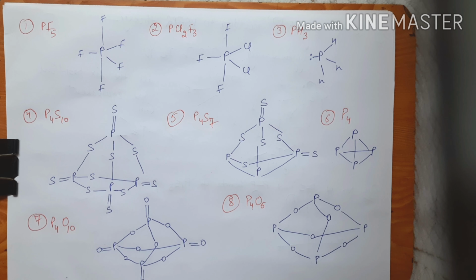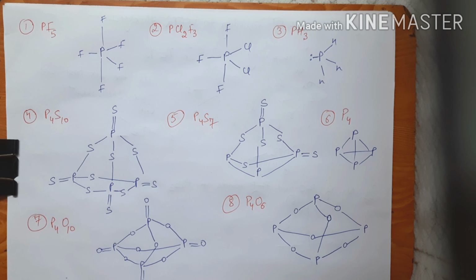This is the structure of P4O6. So these are some of the structures from which questions could be asked, either in NMR, or in the type of question we have discussed, or in some other questions also. So you can go ahead and see all of these structures or shapes.